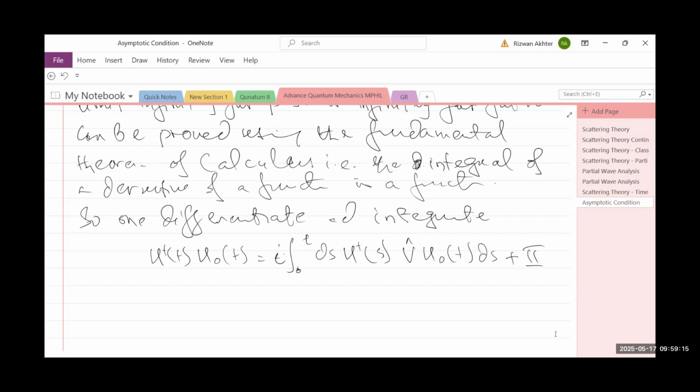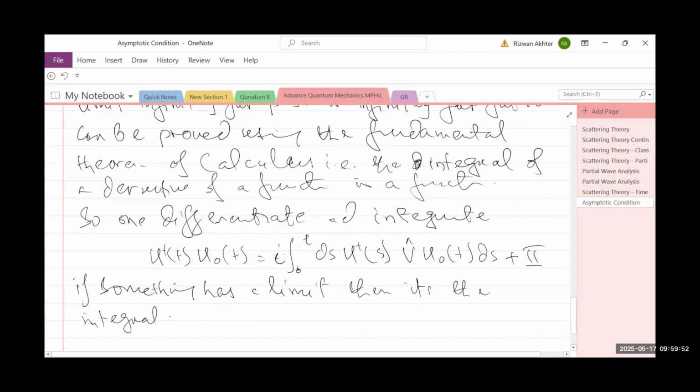So in order to prove that it has a limit, you take the derivative of that function. So if something, some mathematical representation of some physical phenomena, has a limit, then that something is the integral of a derivative.